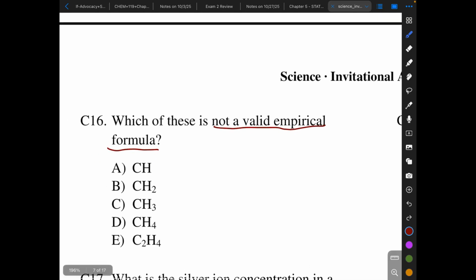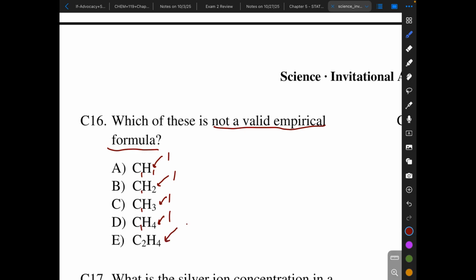What I mean by that is the subscripts must all have a greatest common factor of 1. So let me explain what that means. Between A, they both have 1 carbon, 1 hydrogen. The greatest common factor is 1. Here, 1 carbon, 2 hydrogen, the greatest common factor is 1. Greatest common factor is 1 between these, and the greatest common factor is 1 between those two.